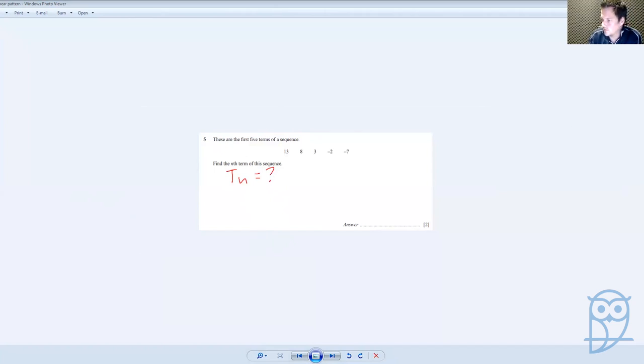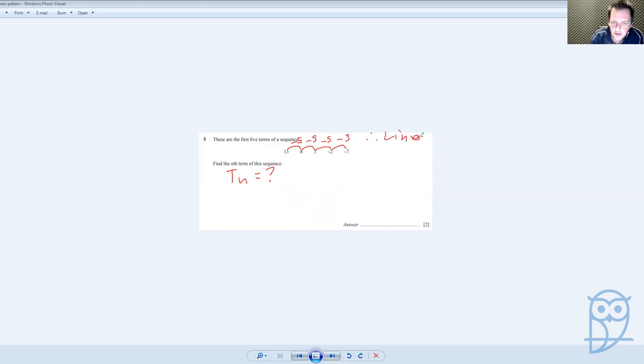So with this sort of thing, we need to identify what kind of sequence it is. So we have a look and we see we are minusing 5, minusing 5, minusing 5, minusing 5.